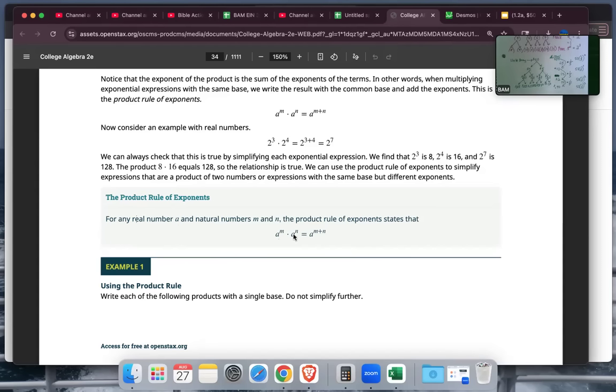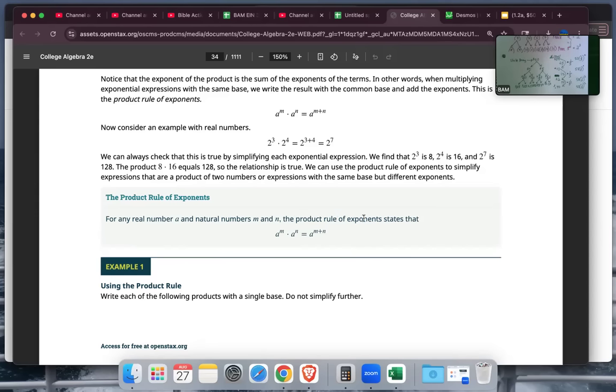So that A and that A are all a real number, which has a location on the number line. In natural numbers, M and N, natural numbers are 1, 2, 3, etc., also called counting numbers. So M and N are positive counting numbers, like 1, 2, 3, 4, 5.